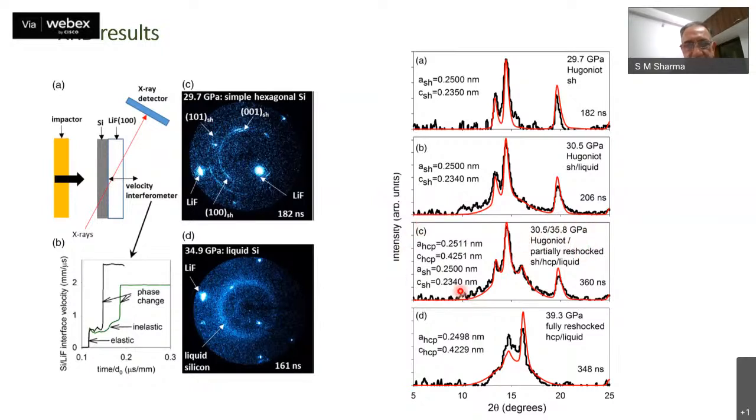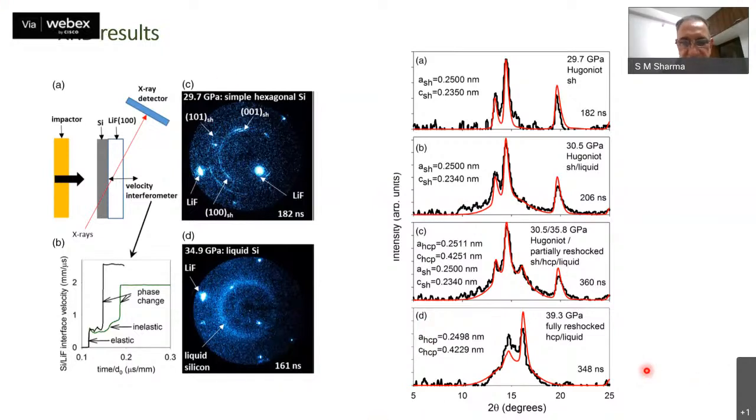What we noted is that it had a mixture of hexagonal close-packed phase and the primitive hexagonal phase, or simple hexagonal phase, with densities that, if you look at the phase diagram, are very, very close. And if you did this experiment at still higher pressures, close to about 40 GPa, then you see only the hexagonal close-packed phase, which is a higher density phase of silicon.